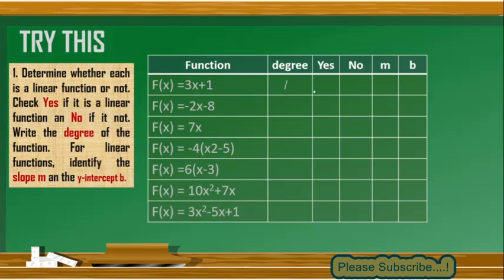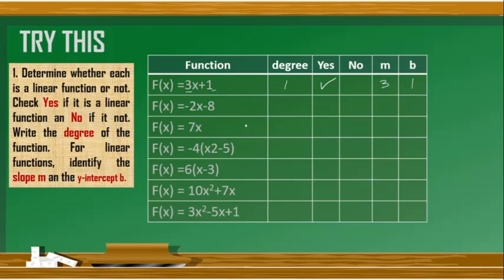If it has a degree of 1, it is a linear function. What is the slope? You are referring to this figure, that is 3. What is the y-intercept? You have to look at this one. That is 1.